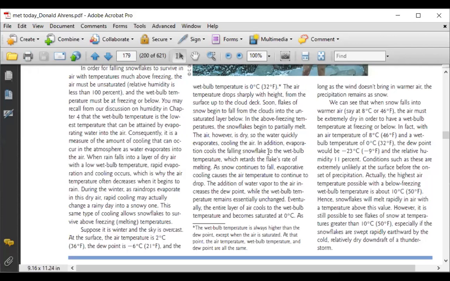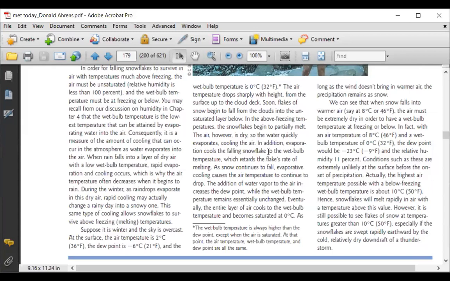So the answer is, we have possibilities of snowflake formation in plus temperature if our humidity is very low, if our wet bulb temperature is nearly 0 degrees centigrade, and then there should be a dew point. If it is 8 degrees centigrade air temperature, then the dew point should be minus 23 degrees centigrade, and then it might be possible.